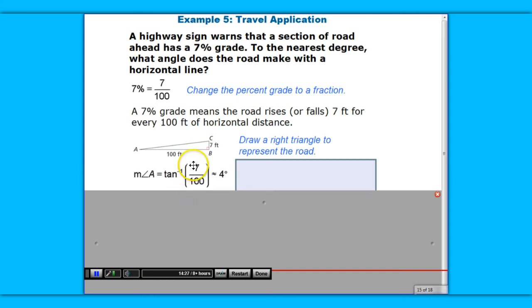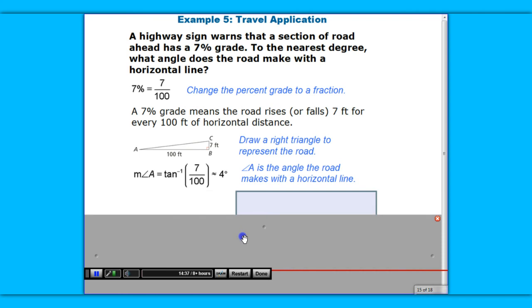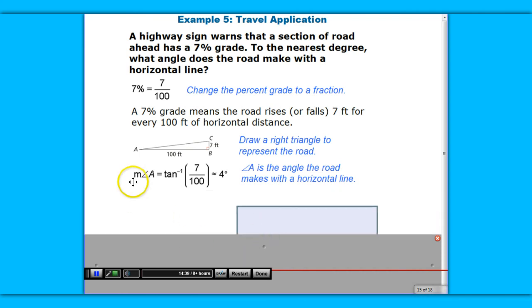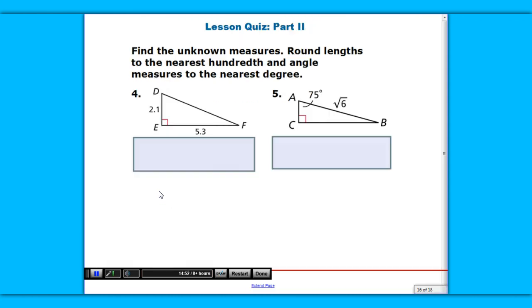The inverse tangent of that slope, 7 over 100, and we see, when we do, we get a 4-degree angle. That is the angle that the road is making with a horizontal line. Seems rather small to you, but depending on the distance, the length of that road can have a big impact on truck drivers and their trucks, okay?